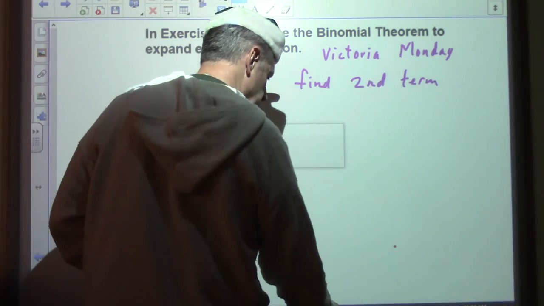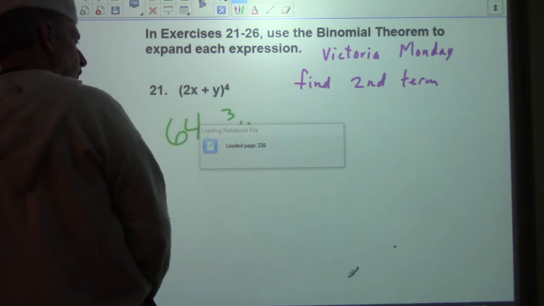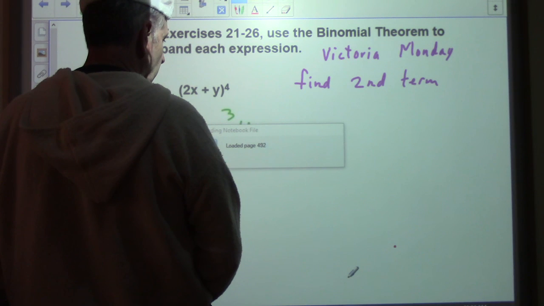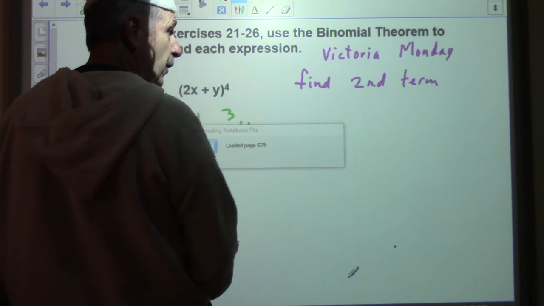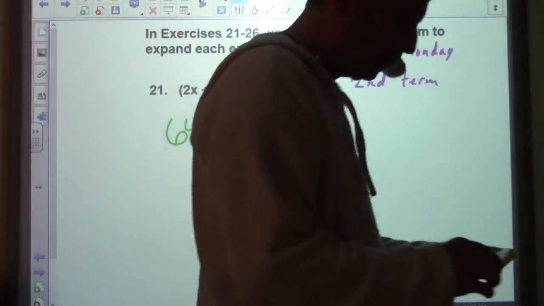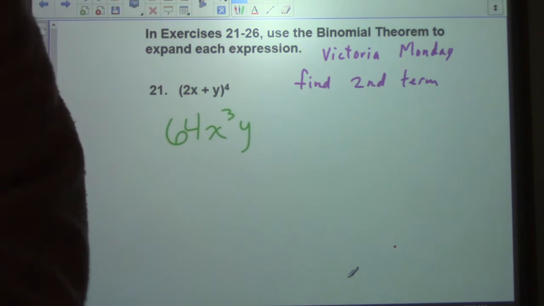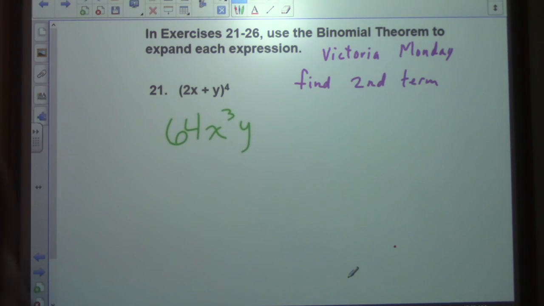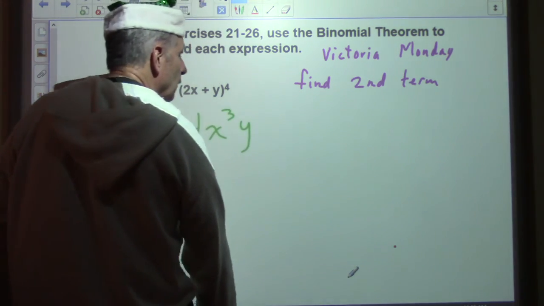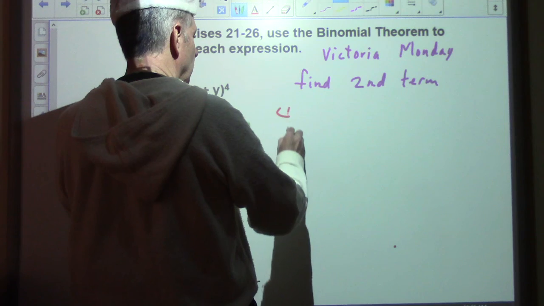So I did 4 choose 1, and then I got 4, so then I multiplied it by 2 to the 4th power. That's the second term. Oh, okay, that makes way more sense.